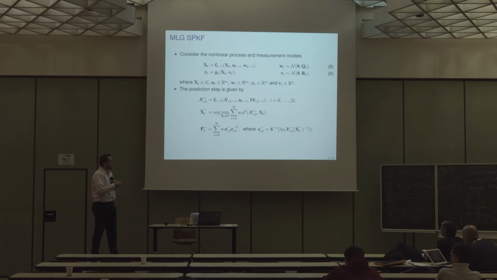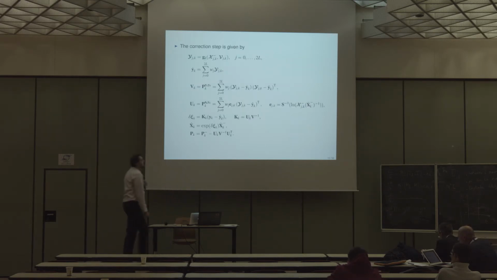But in the special case of SO3, you can actually do some simpler stuff. And then again, we compute this, what I'm calling E minus, to compute the covariance associated with that mean value. Then to do the correction step, we again generate some sigma points, X minus and V, and pass them through the measurement model. The measurement is assumed to be an element of Rn, or Rny, if you will.